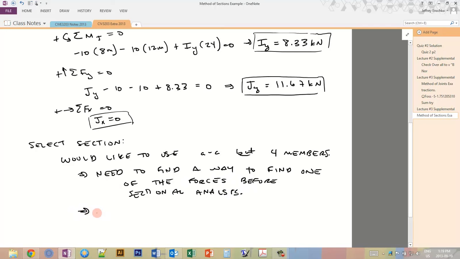So what we need is to find an additional section, or an additional cut, that satisfies these two conditions.